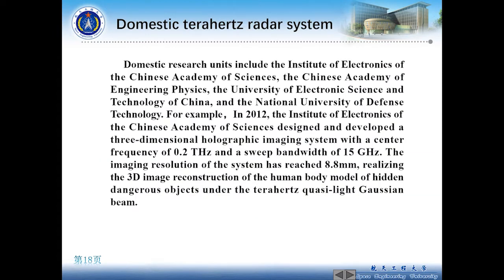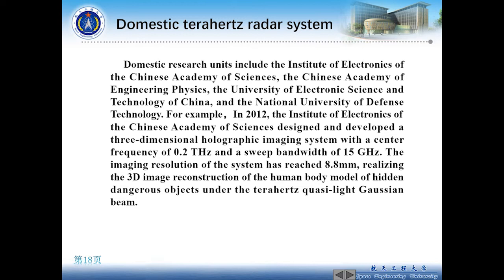Domestic terahertz radar systems. Domestic research units include the Institute of Electronics of the Chinese Academy of Sciences, the Chinese Academy of Engineering Physics, the University of Electronic Science and Technology of China, and the National University of Defense Technology.